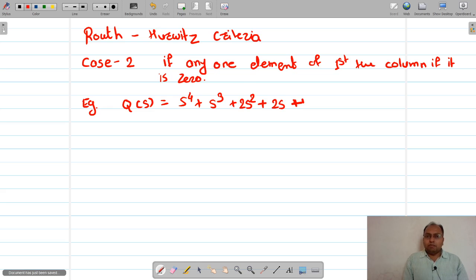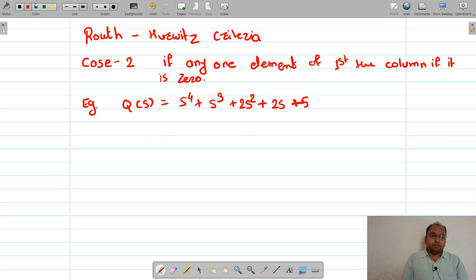This is the polynomial given to you, and you are going to apply the Routh criteria for this. While solving, an element of the first column of the Routh array is going to become 0. Let us see how it becomes 0.